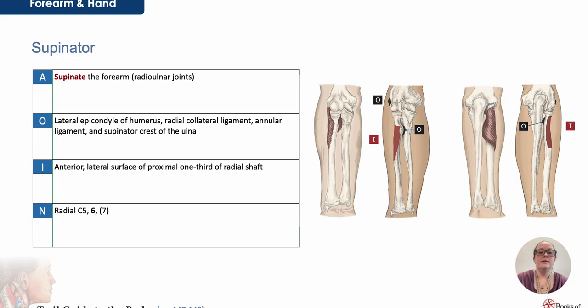It's going to originate over here on the lateral epicondyle, and there's a bunch of other sections because of the shape of it. It's on a bunch of ligaments, all that fun stuff. And then the crest of the ulna, so it's kind of hanging out in between the two. And then it crosses over and attaches onto the radial shaft, so the long bone of the radius.